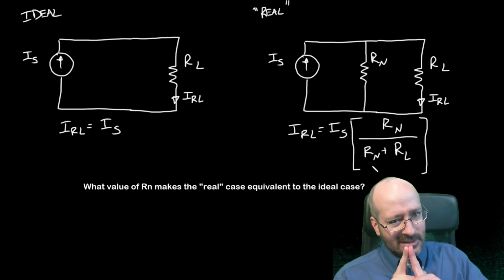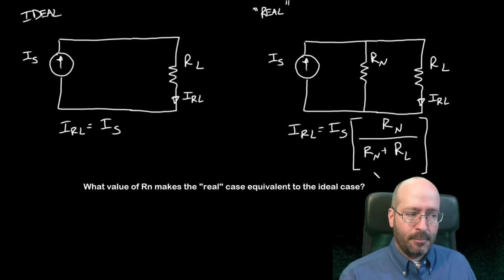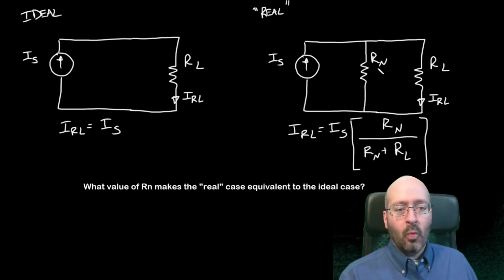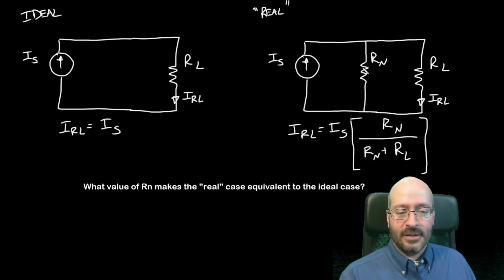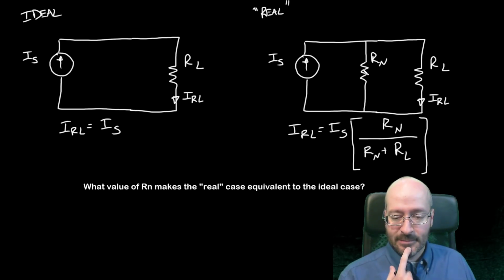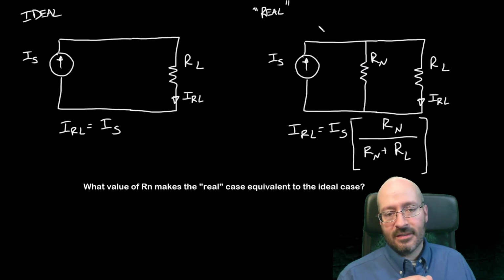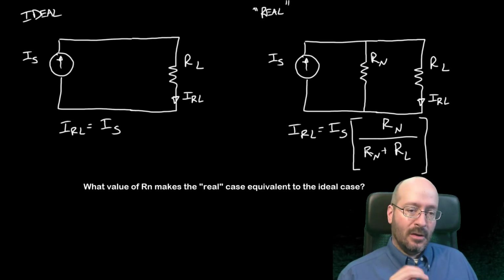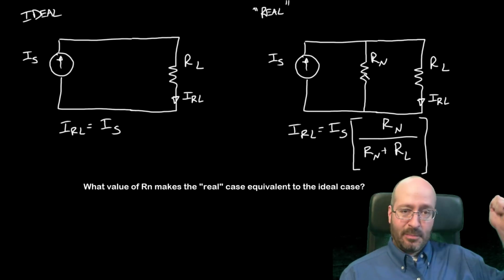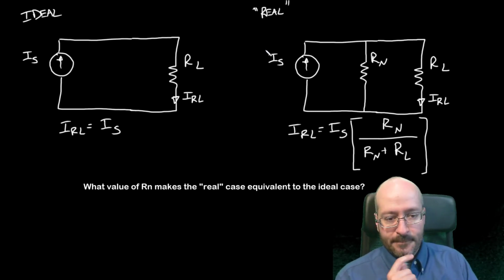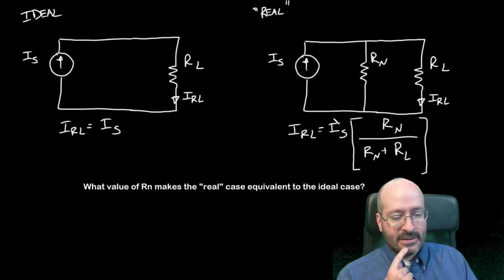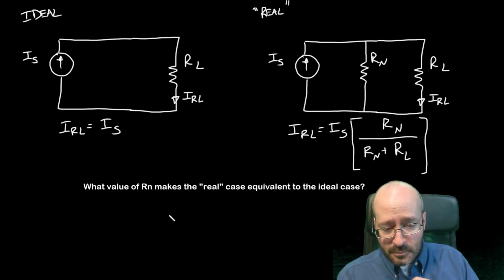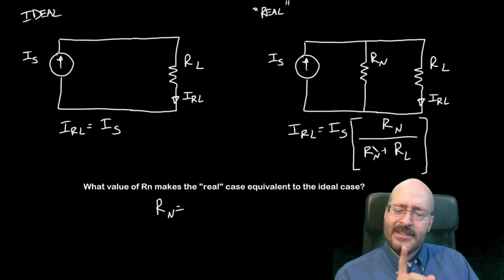This changes things a little bit, but we're going to ask the same question. What value of the source resistance, the Norton resistance in this case, makes this real case equivalent to the ideal case? Okay, so we can do it, well, we've got to just rip the resistor out, right? So we can do it that way, or we can look at this equation and say the same thing has to happen.